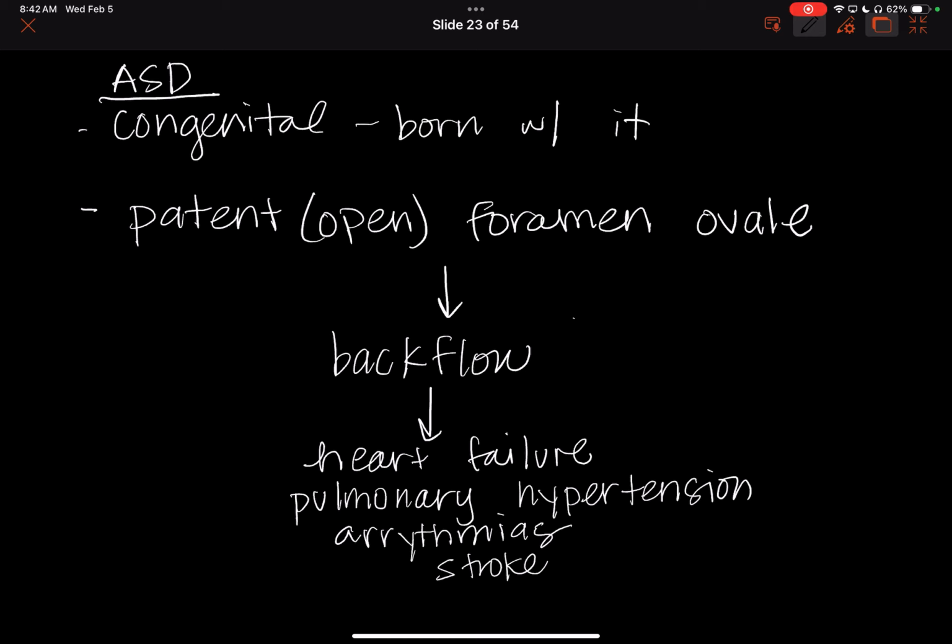And again, with that backflow, you get a mixing of oxygenated and deoxygenated blood.